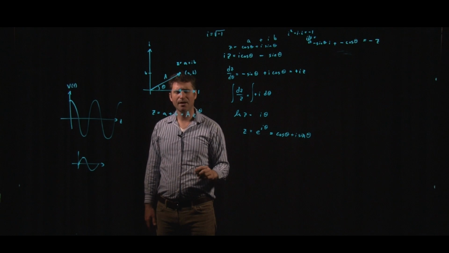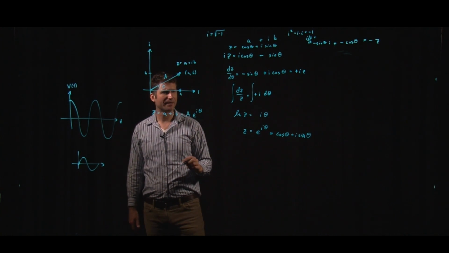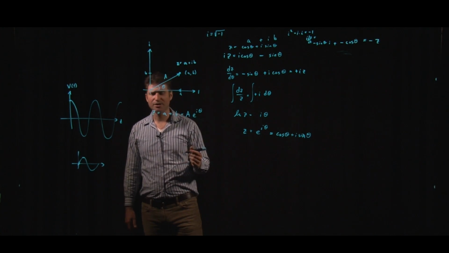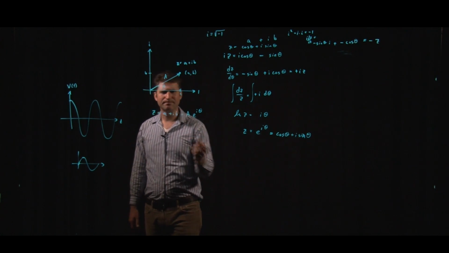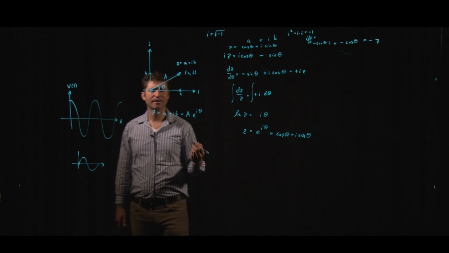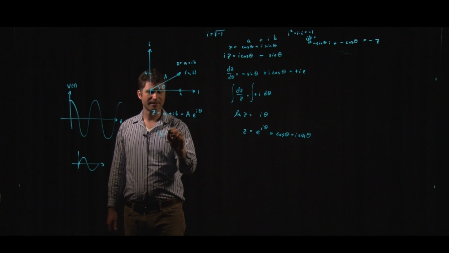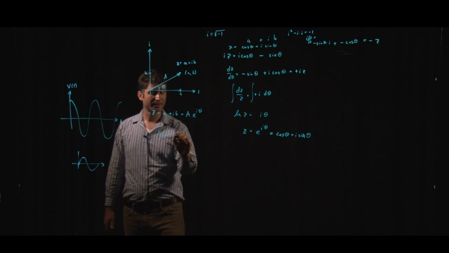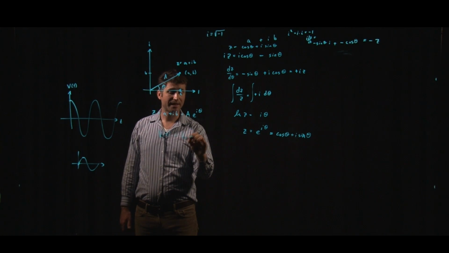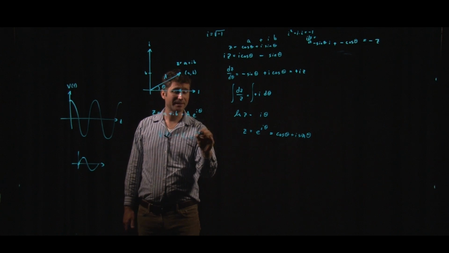Well, one way is that we can think about the notation of using complex numbers to describe voltages. So, for example, if I had some V of t, some driving voltage in a circuit, equal to some V naught times e to the i omega t.